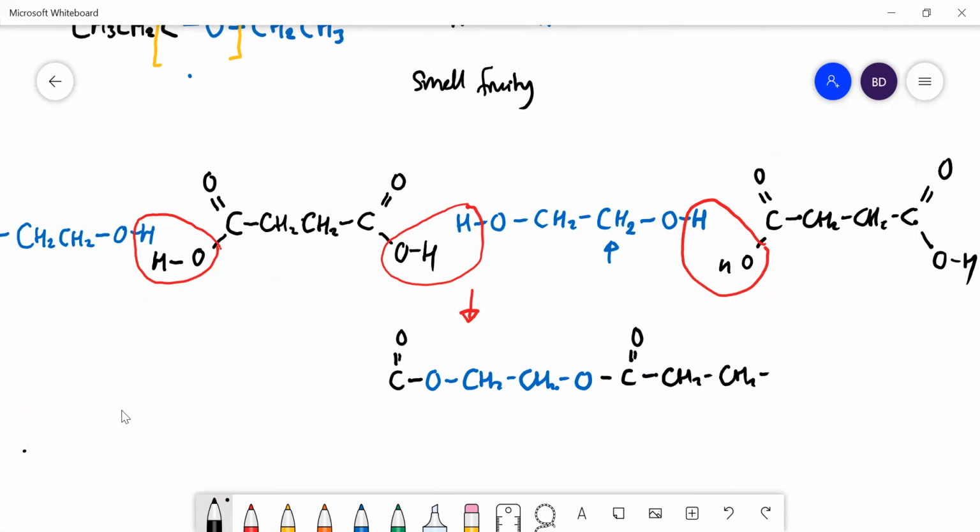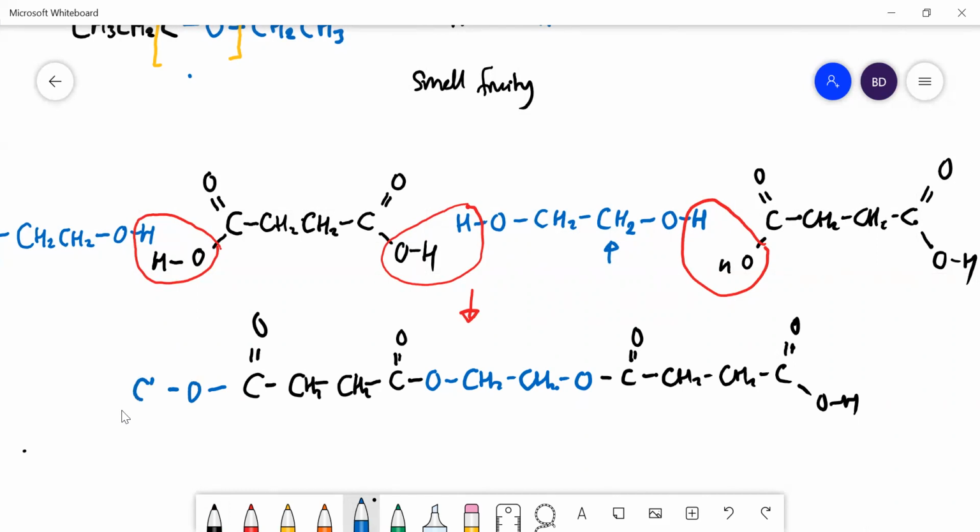I'll draw it as a free carboxylic acid on the end there. And let's go to this end, where we get the carboxylic acid group, but this one has formed another ester linkage to another ethanol molecule.